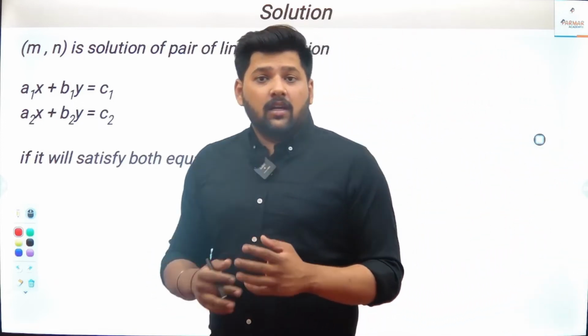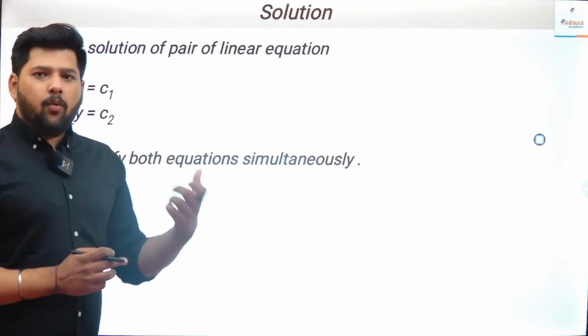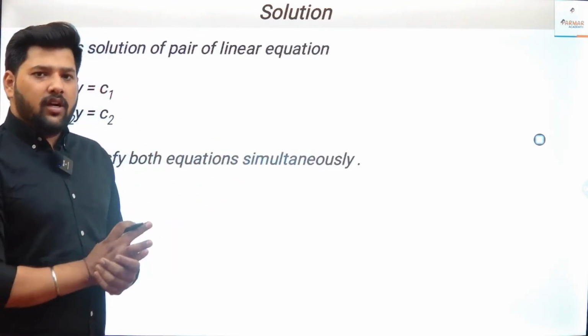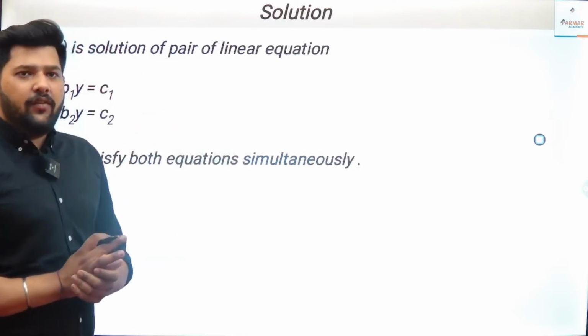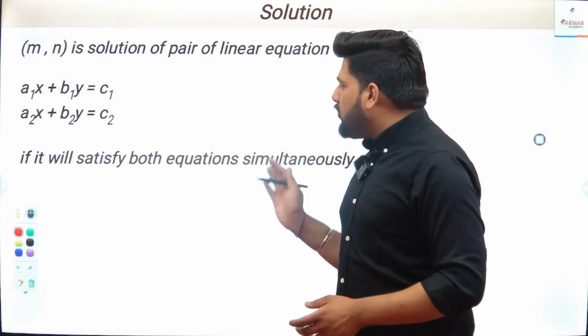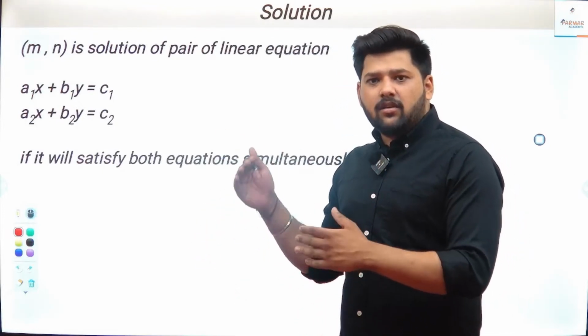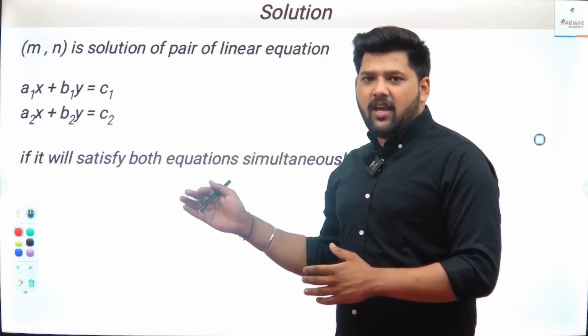Now what is the meaning of this? That a point (m, n) is a solution of this type of equation if it will satisfy both those equations simultaneously. What is the meaning of simultaneously?